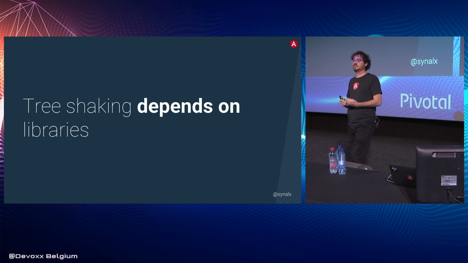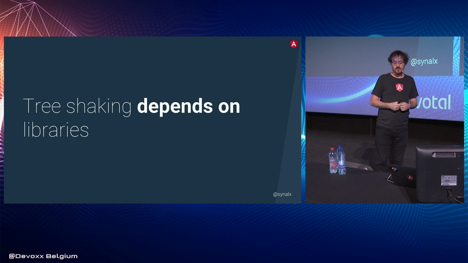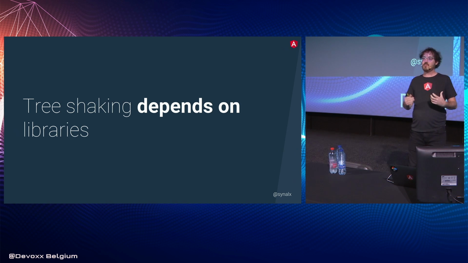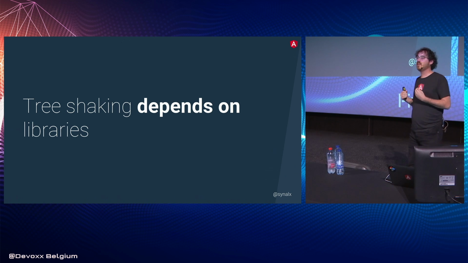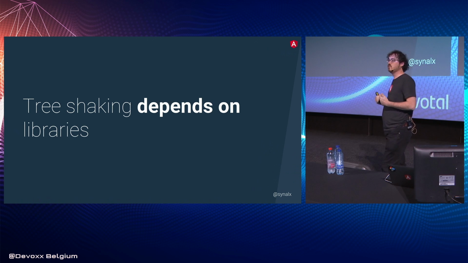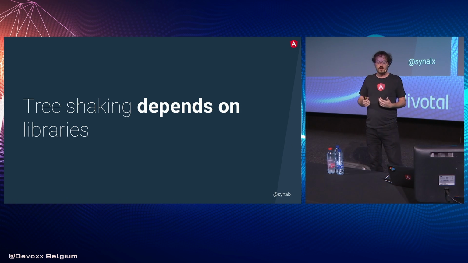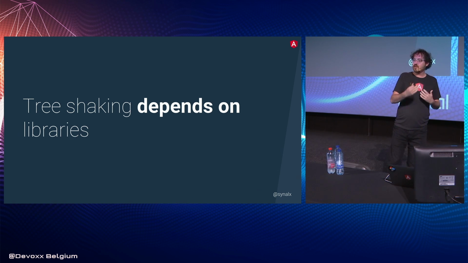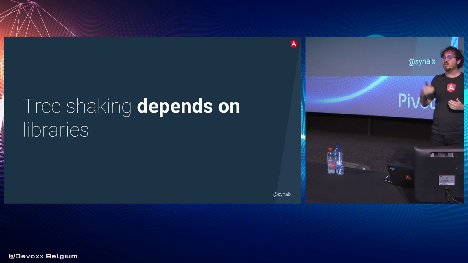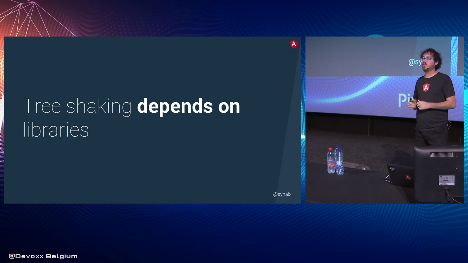But it only works if the library authors have gone through pains to ensure that their library code can in fact be tree shaken away. It's really easy to fall into a number of anti-patterns where if you do things in the wrong way, you completely defeat the optimizer and nothing in your library can be removed.